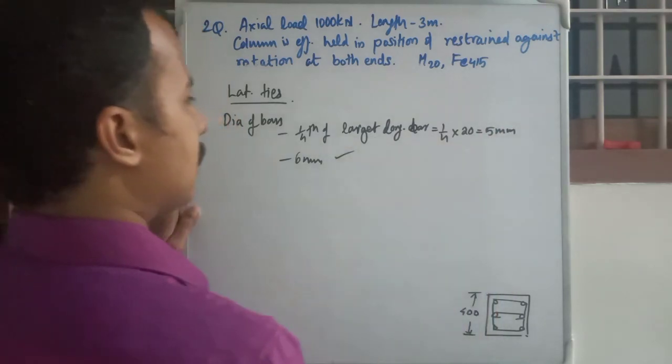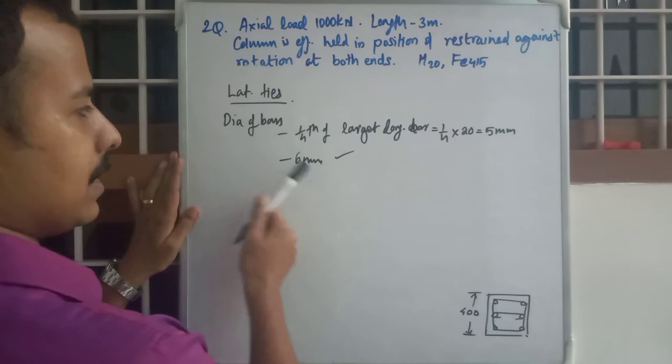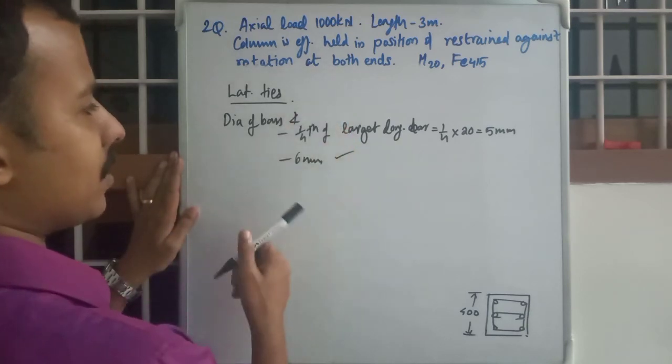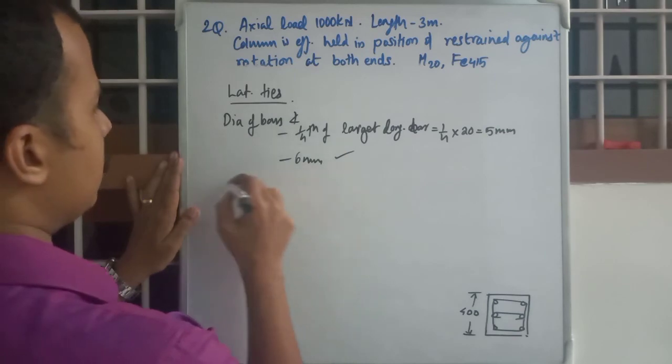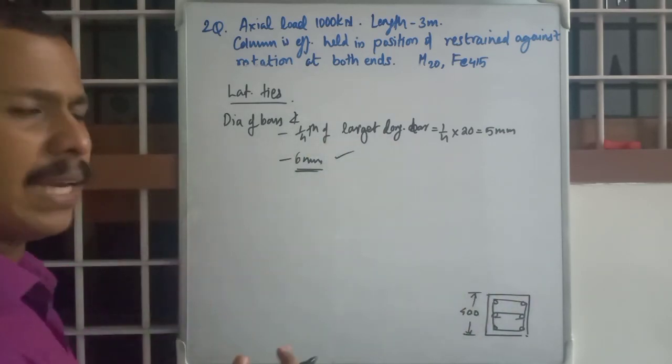So we will select the diameter of bar minimum value as 6 mm. So diameter of bars shouldn't be less than 6 mm. So assume it as 6 mm. You can also assume it as 8 mm, it's okay.